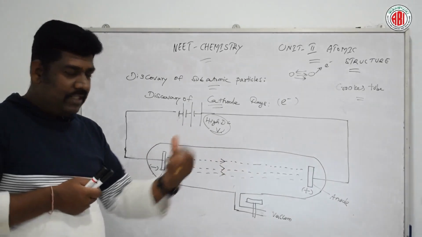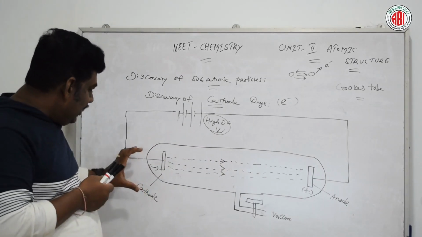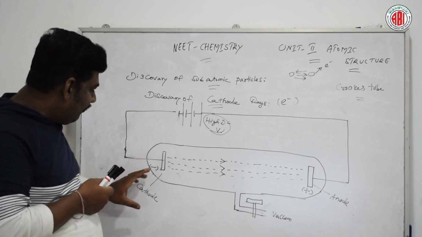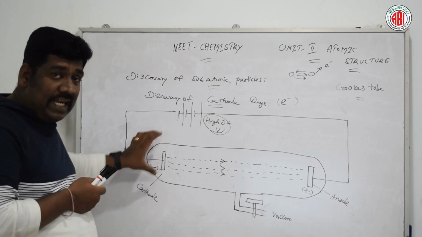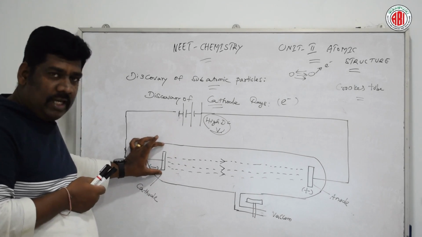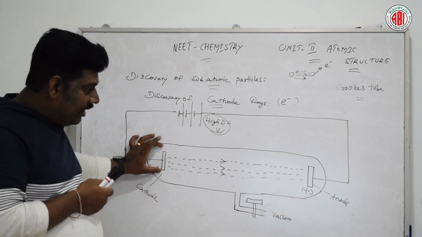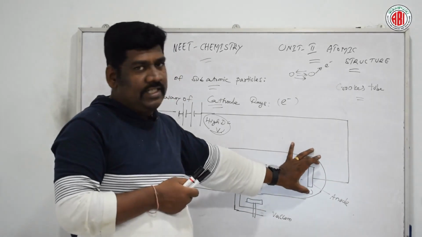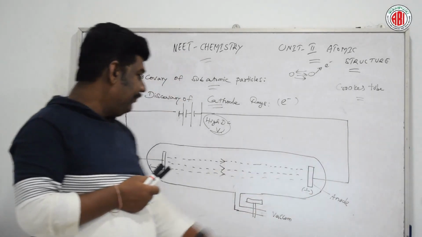We should observe clearly that the cathode is the negatively charged electrode, and at the straight opposite, what is there? The positively charged electrode, that is the anode.